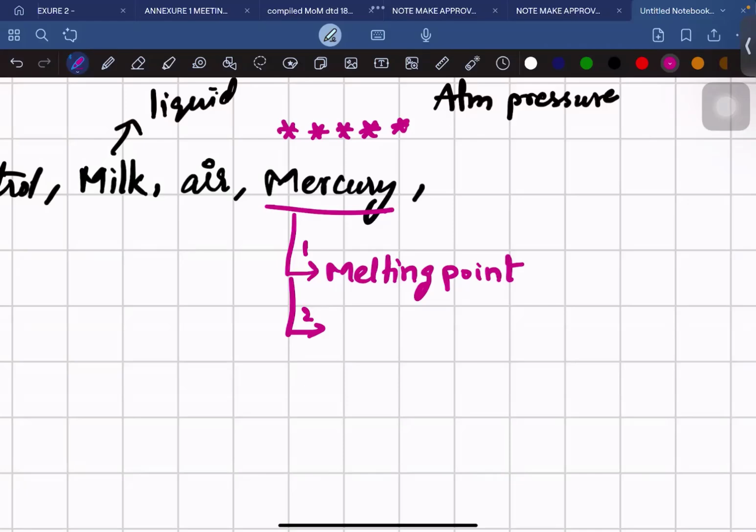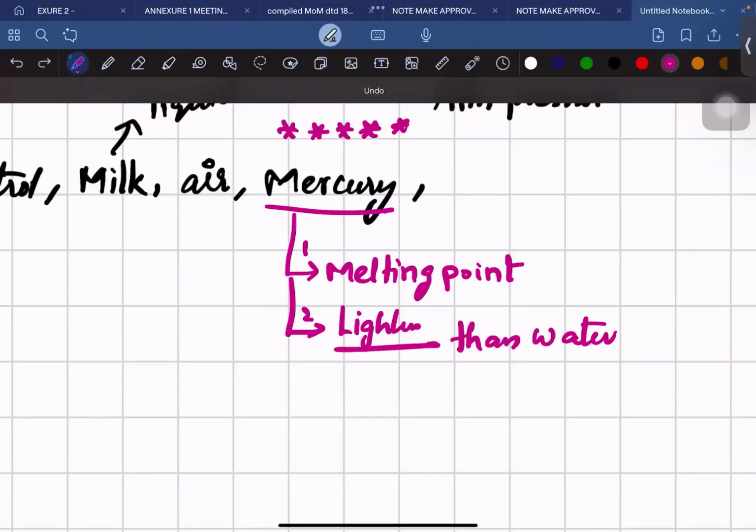Lighter than water? No, it's not lighter. Do you think it's heavier or lighter? Yeah, it's heavier than water, right?